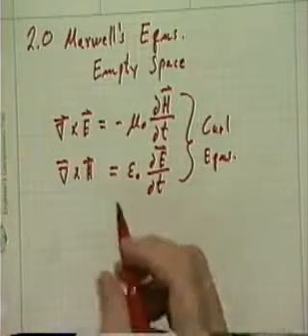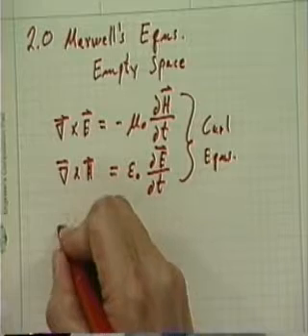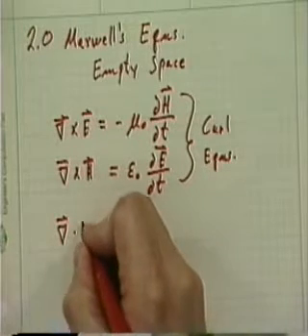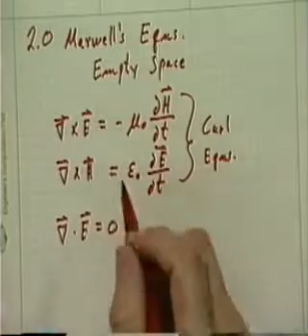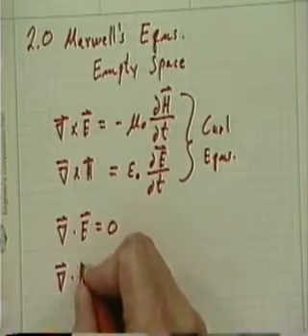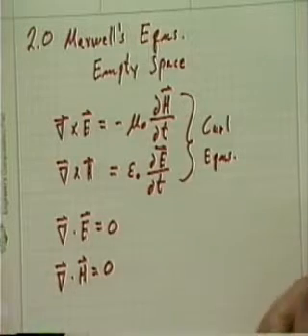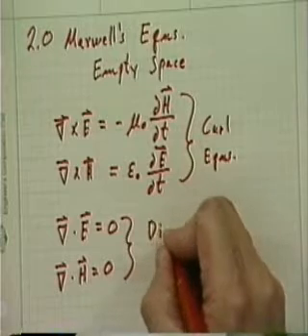Then we have the divergence equations. Del dot E is equal to 0, empty space. Del dot H is equal to 0. So these are the divergence equations.